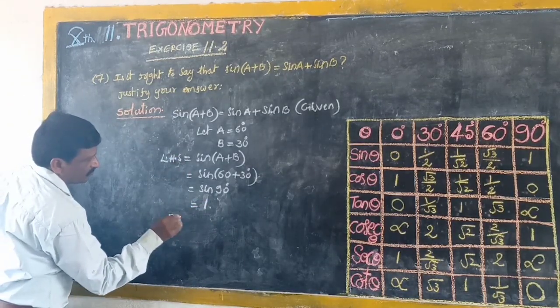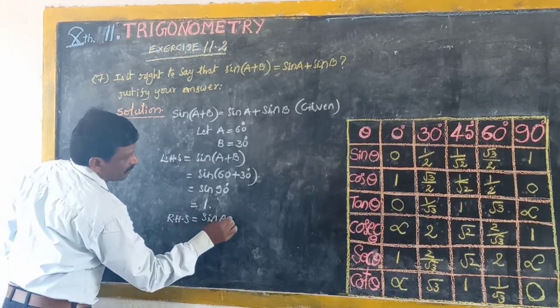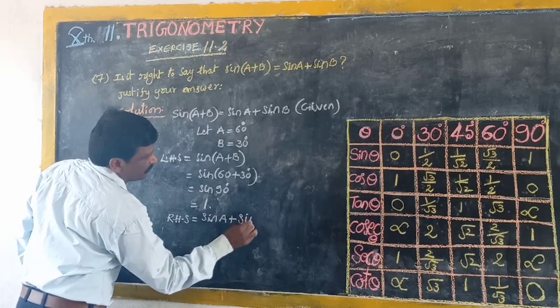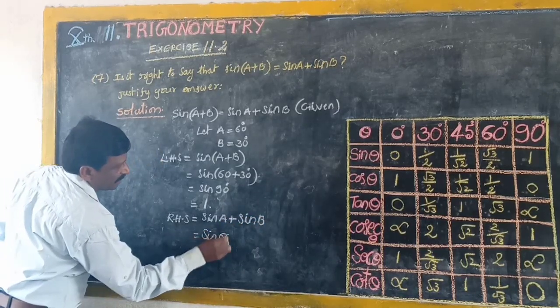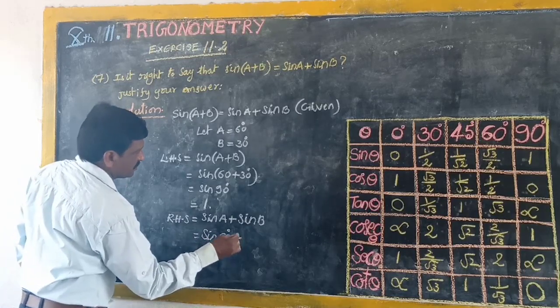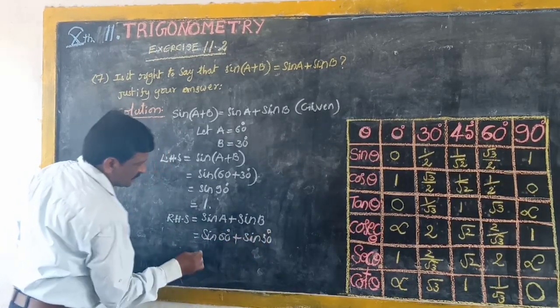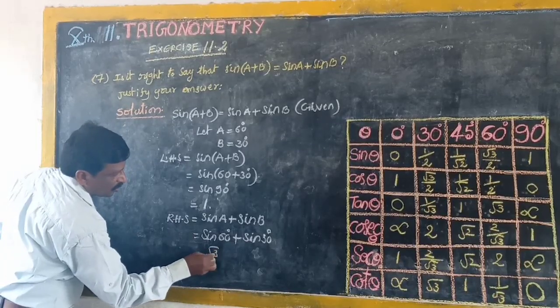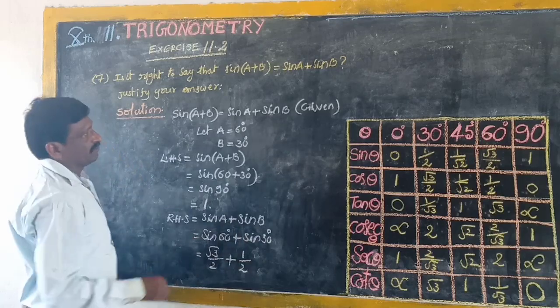RHS: sin A plus sin B, which is sin 60 plus sin 30. Sin 60 is equal to root 3 by 2 and sin 30 is equal to 1 by 2.